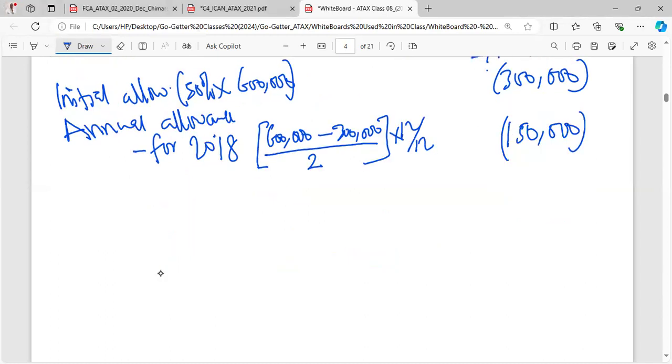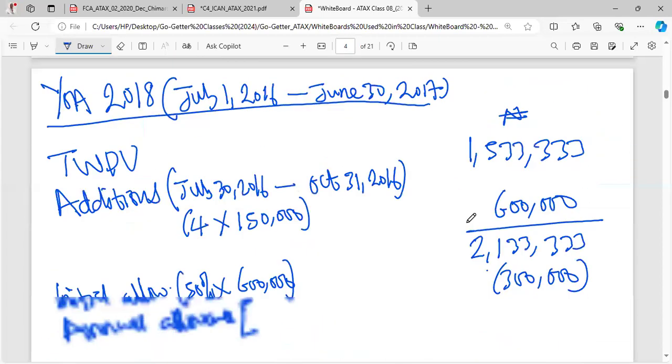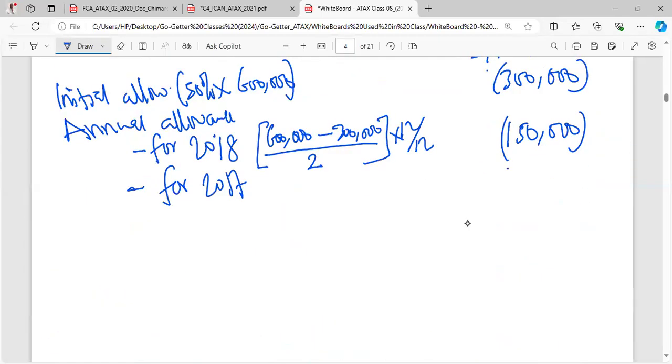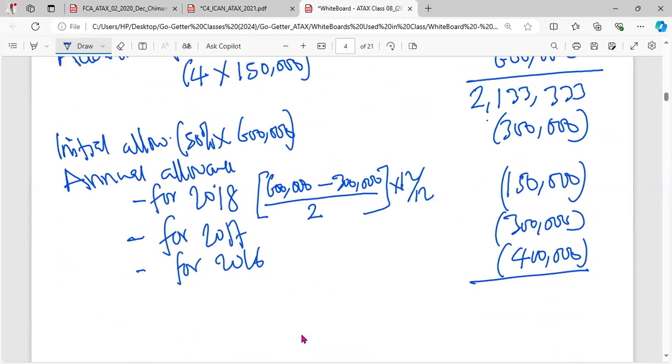Then you will come and say for 2017, you already know how much we got there. 2017 we got 300. Then for 2016 we got 400. So each time they give you higher purchase capital allowance, that's the system you are going to use.